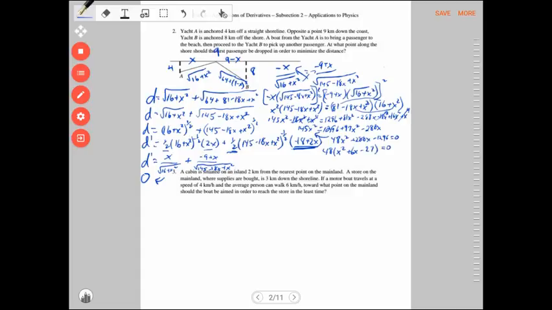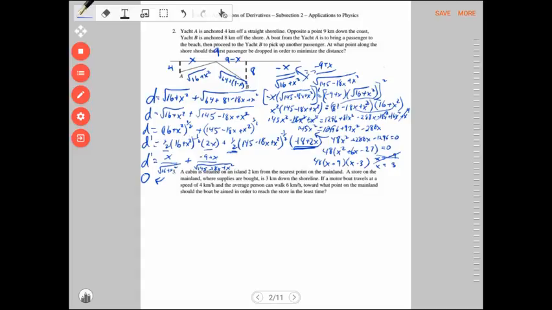Then we just factor that. We get 48 bracket, x and x, a 9 and a 3. The 9 is positive and the 3 is negative, so x equals negative 9 or positive 3. Obviously, negative 9 isn't going to work, so x is 3.